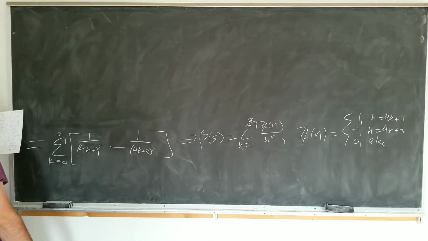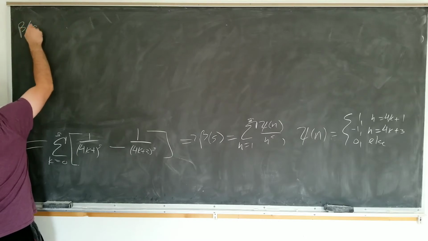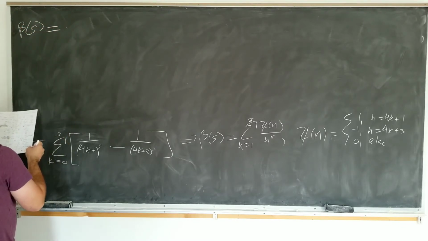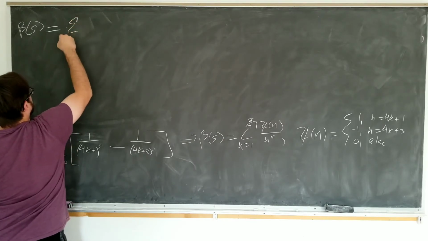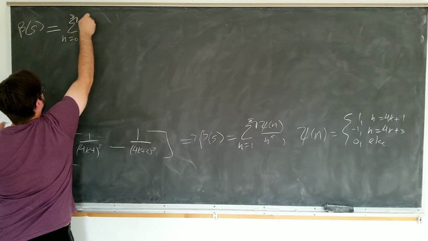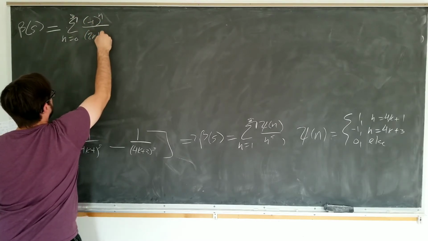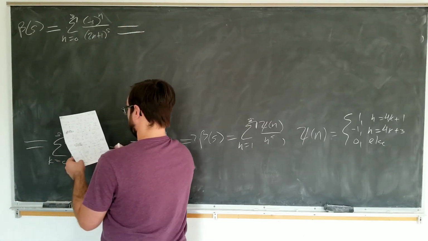Okay, so now we can write down beta of s is equal to, let's just write down the complete expression: the sum from n equals 0 to infinity of (-1)^n over (2n+1)^s. And now we write it as the Euler product.